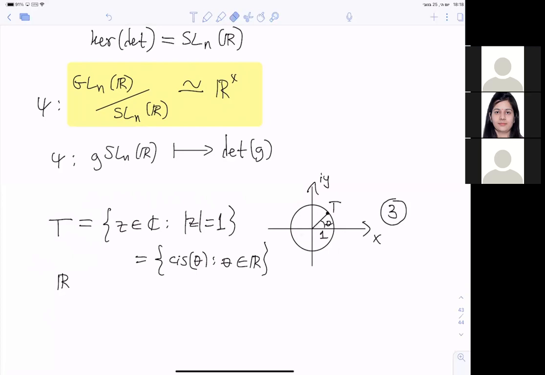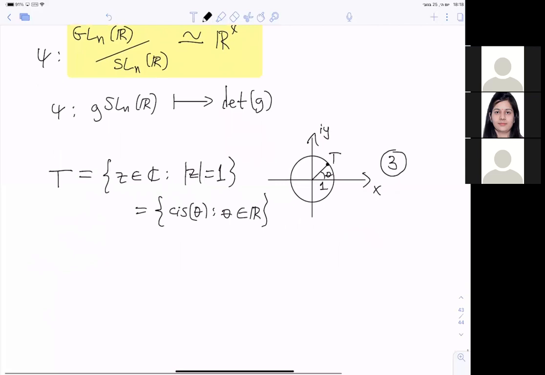So now I want to refer to this epimorphism from R to T. I call it phi.